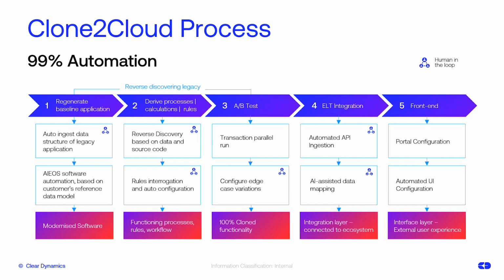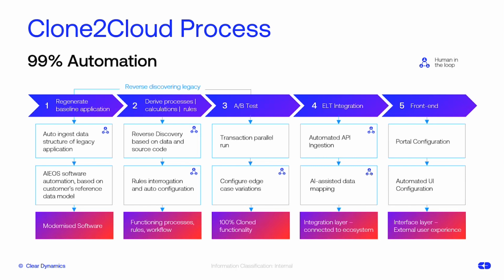And then the other part of the step 2, and we'll look at these in a bit more detail in a minute, is about doing a reverse discovery of some of the business processes. Now, a lot of organizations have business processes documented, but there's also other organizations which don't have these business processes documented from the legacy system. Stuff has been built in there, and with time, the knowledge has gone lost about what is the process. We know it works in the legacy application, but we can't quite figure out how.